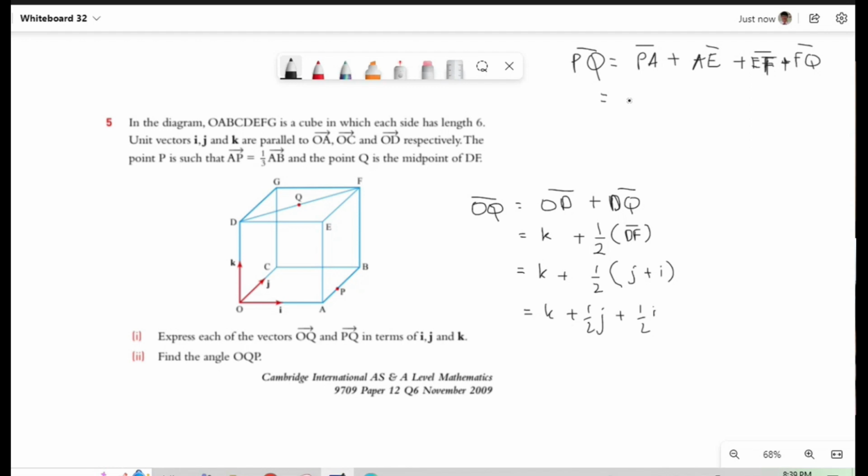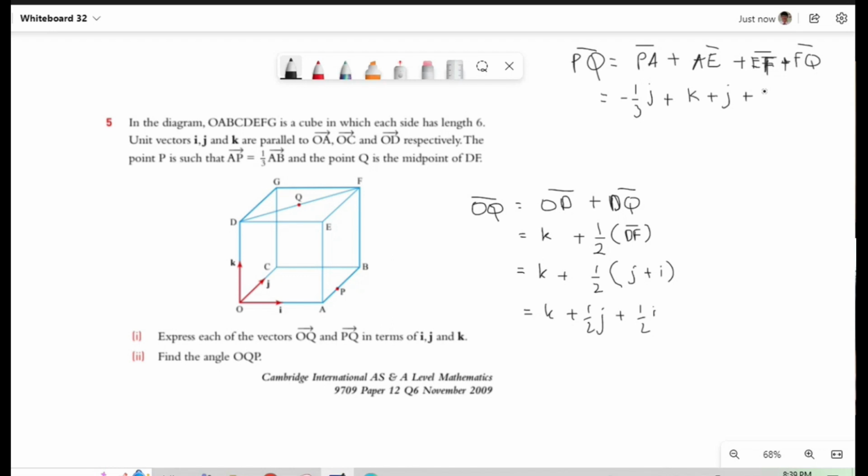Okay, now let's express all the vectors in terms of i, j, and k. PA, we know it's going to be negative 1/3 of j, as it has been stated there. AP is 1/3 of AB, plus k. AE is k, plus EF, which is j, plus FQ.